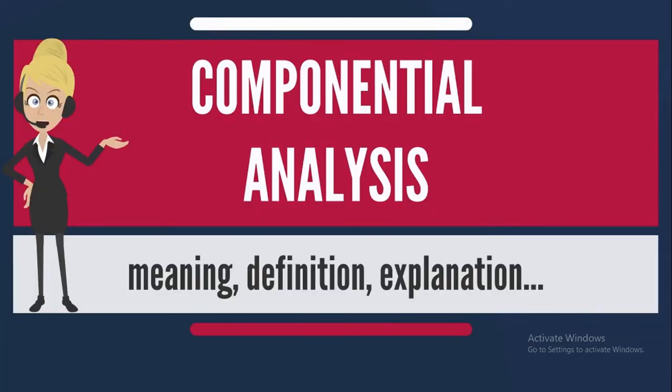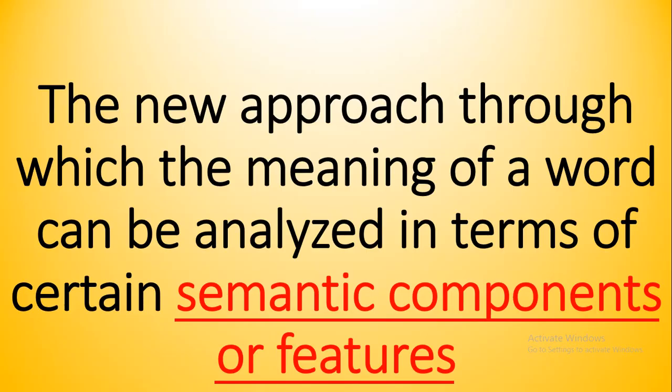The second term in our chapter is componential analysis. Again, we have to give a full definition of this term and give many examples to make it clearer. This is the definition of componential analysis.